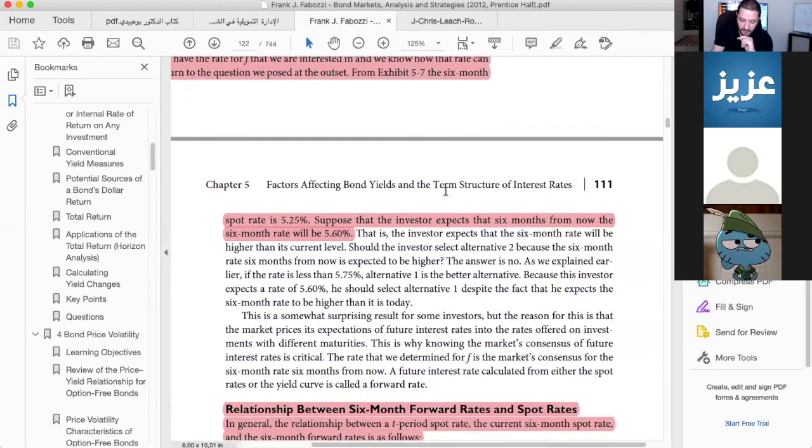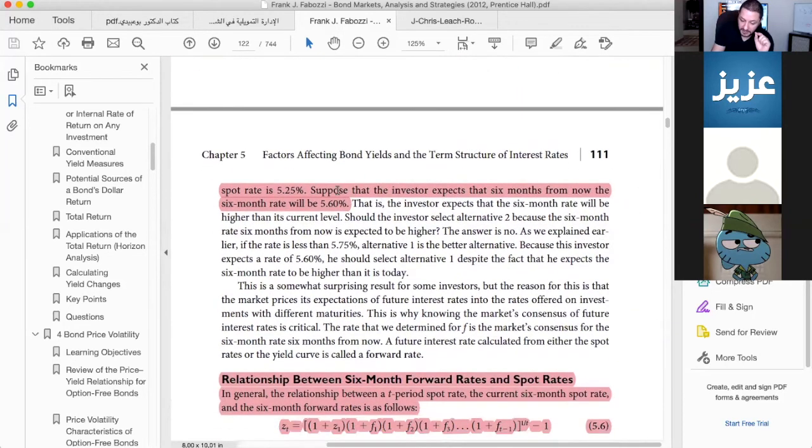Suppose that the investor expects that 6 months from now, the 6 month rate will be 5.6%. What would be his decision? Would he choose the first alternative or the second alternative? As I'm summarizing, today the 6-month spot rate is 5.25%.